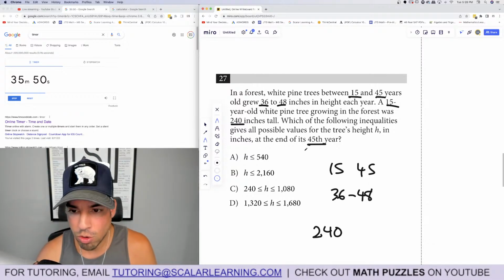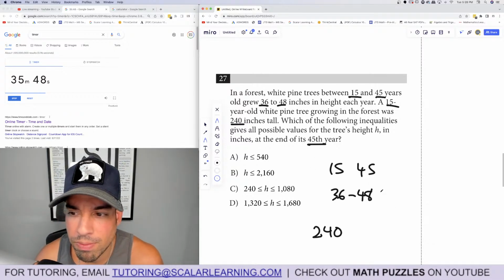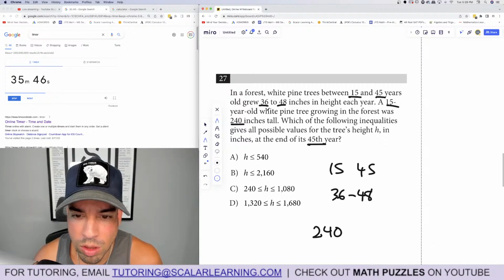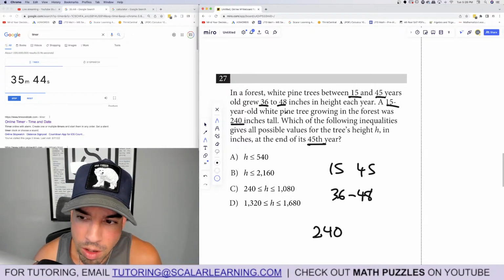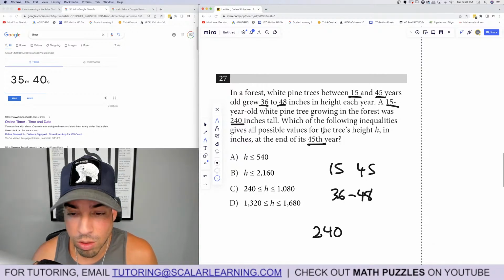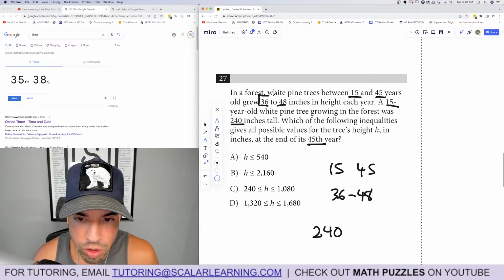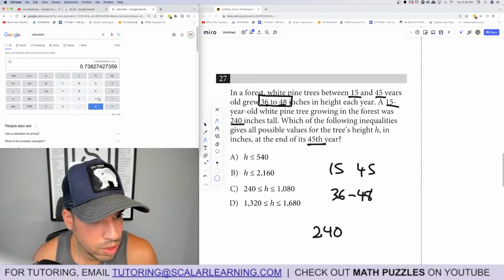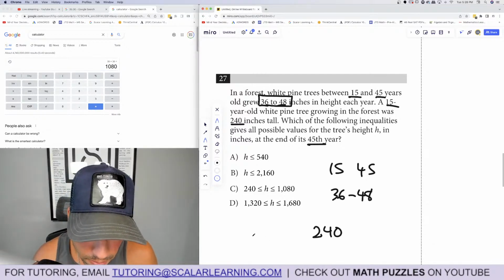So it grows anywhere between 36 and 48 inches per year, and we're talking about 15 to 45, so that's 30 years. So on the low end, 30 times 36 is 1,080, right? 1,080.